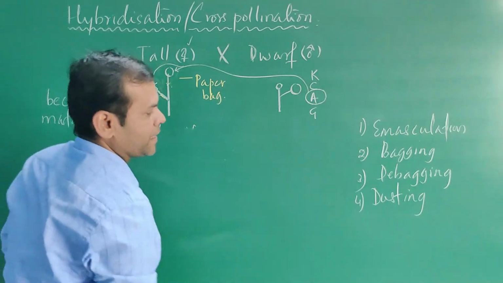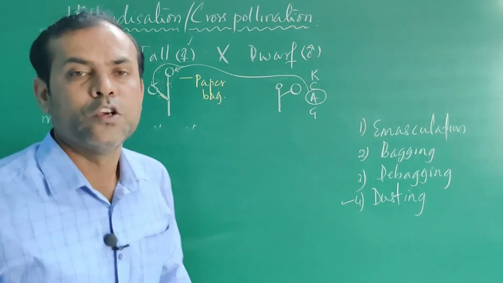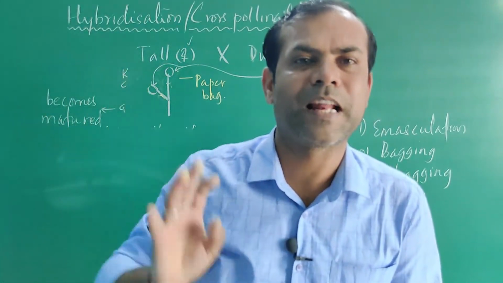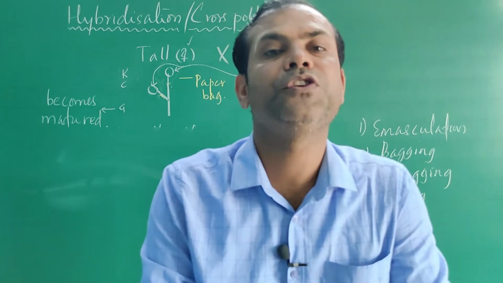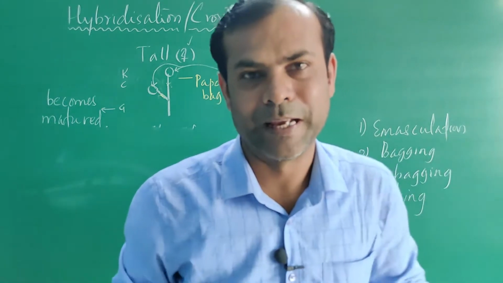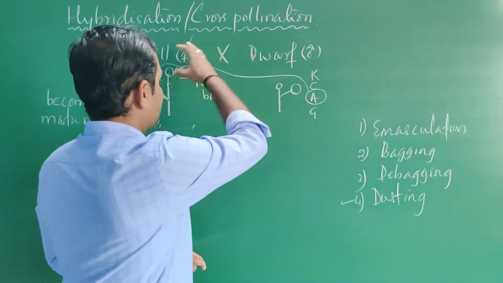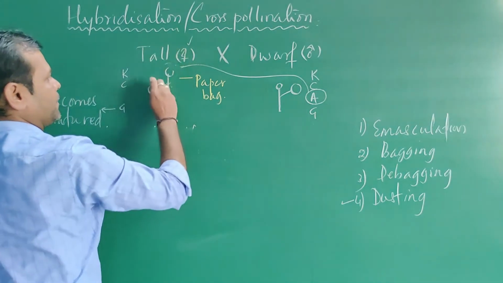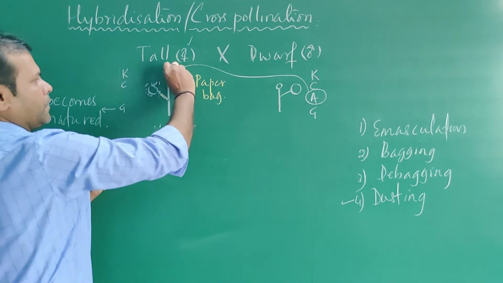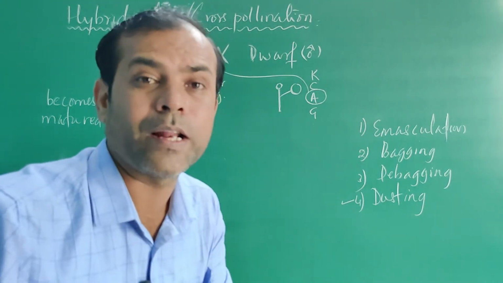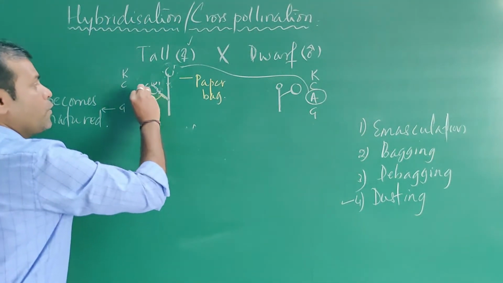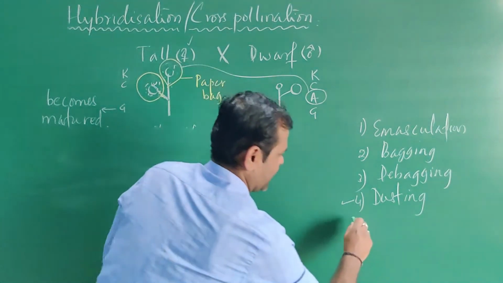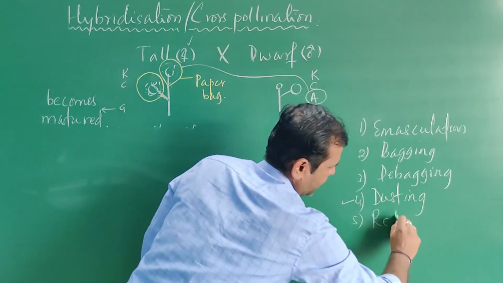Now this technique is called dusting. So what you are doing here is just putting the pollen grains, dusting the pollen grains. So it is nothing but an artificial pollination made by the human being. Now once you transfer the pollen grains, again cover this flower with the help of a paper bag. Now this technique is called rebagging.